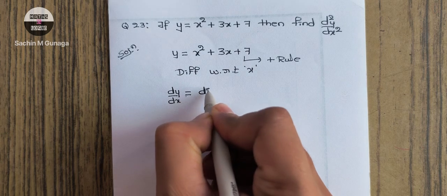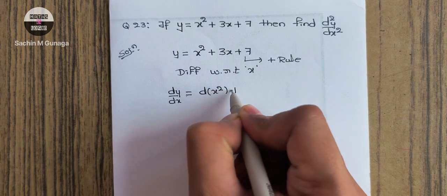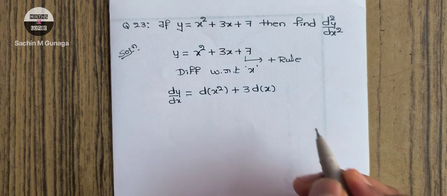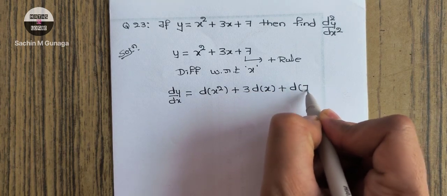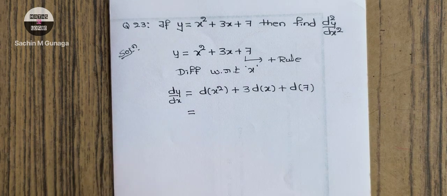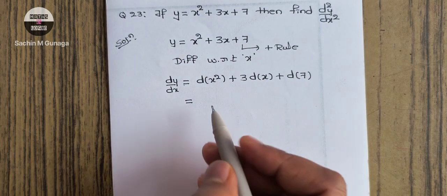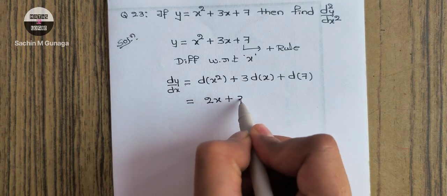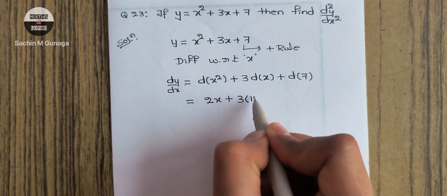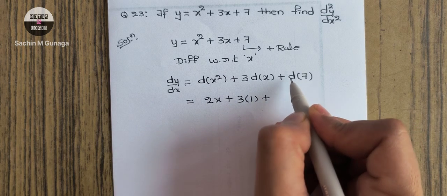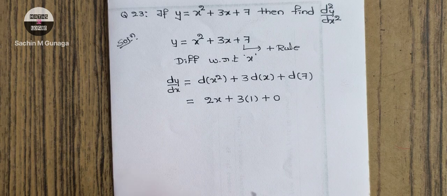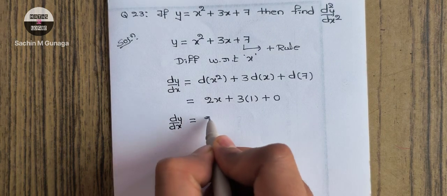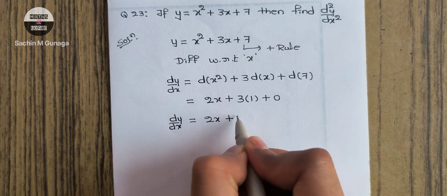Therefore, differentiation of x square, plus 3 is the number, I am going to keep it outside, differentiation of x, plus differentiation of 7, which is equal to: differentiation of x square is 2x, plus 3 as it is. Differentiation of x is 1, plus number differentiation directly goes to 0. Therefore, dy divided by dx is equal to, final answer 2x plus 3.